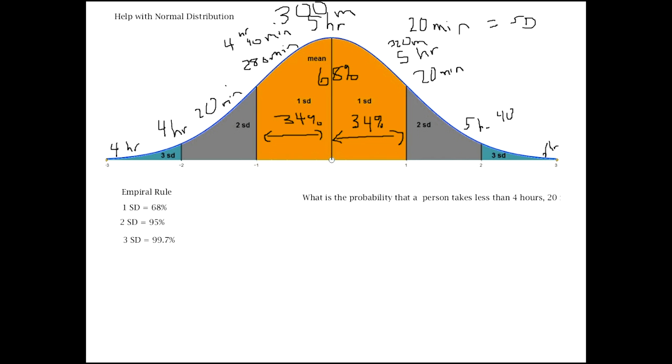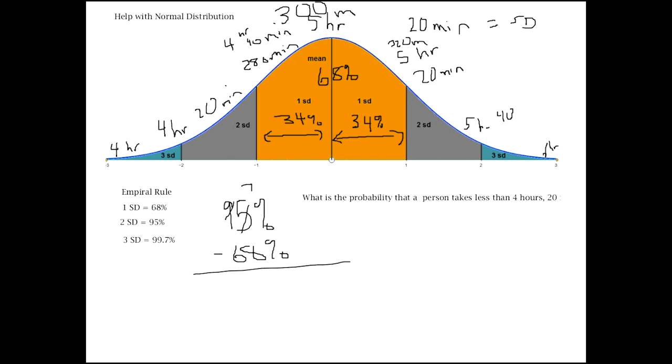If 95% of our data is within 2 standard deviations, and we know that this area of the data is 68%, what's left over would be in here. 68% is in here, 95% is all of it. So if we subtract away the 68%, we know what's in that gray shaded area.